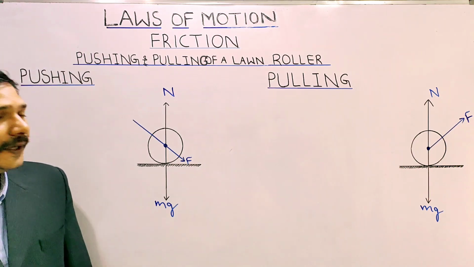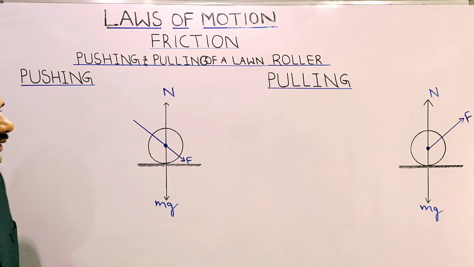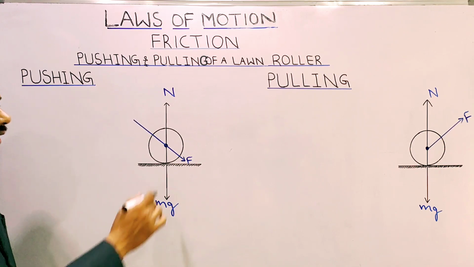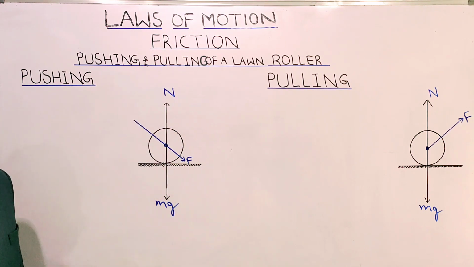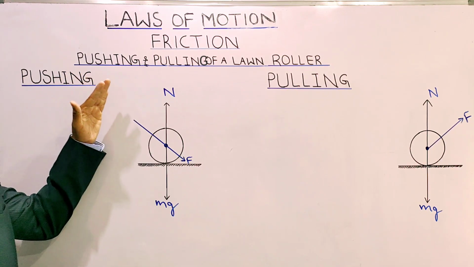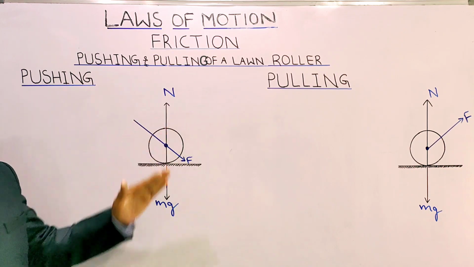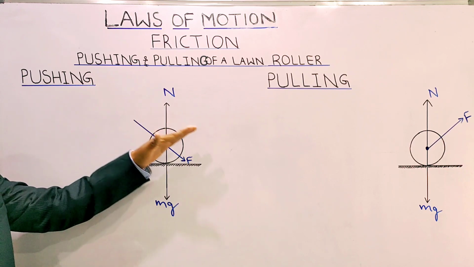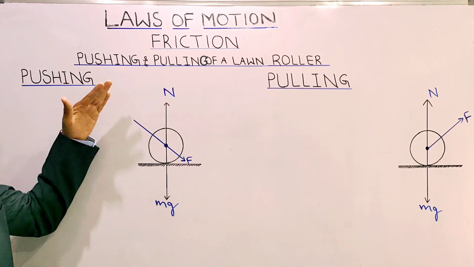Here on a horizontal surface the weight of the body acts vertically downward, that is mg. Normal reaction is perpendicular to the plane, so it is vertically upward. While pushing, we apply some force on the body, so the applied force acts in a downward direction.